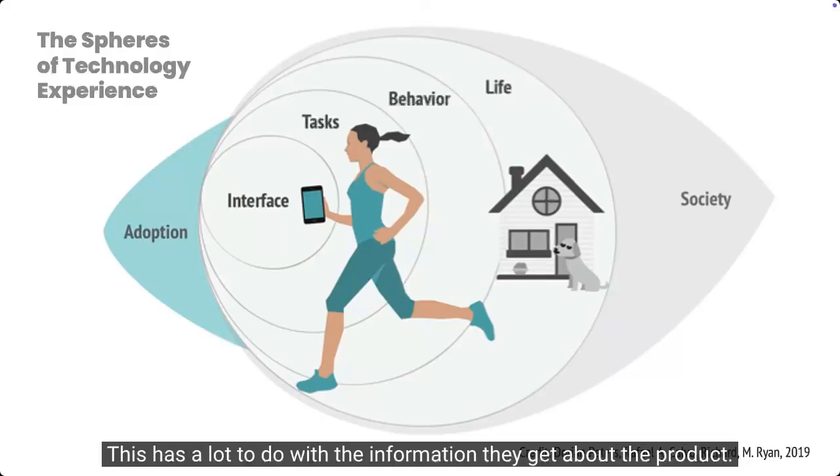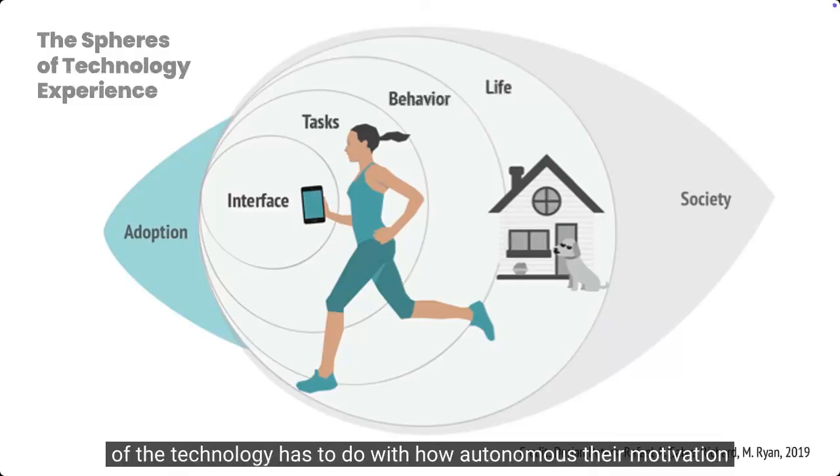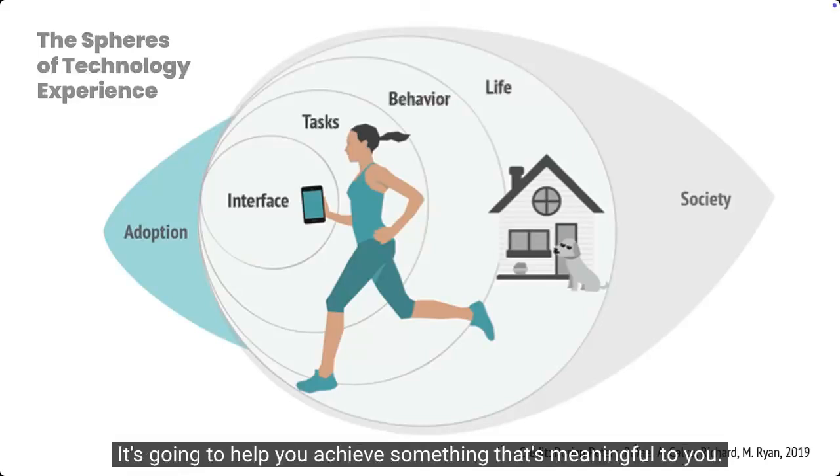This has a lot to do with the information they get about the product in advance. But also, their eventual sustained uptake of the technology has to do with how autonomous their motivation is for adopting it. When your boss forces you to use a technology, you're a lot less likely to engage with it fully compared to something you just really want to do, either because it's fun or interesting, or because you're convinced it strongly aligns with your goals and values. It's going to help you achieve something that's meaningful to you.